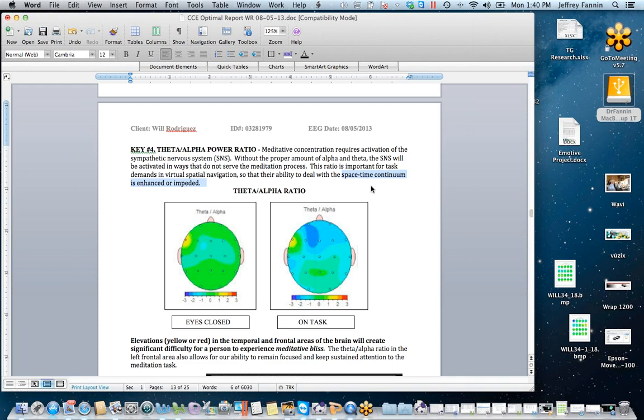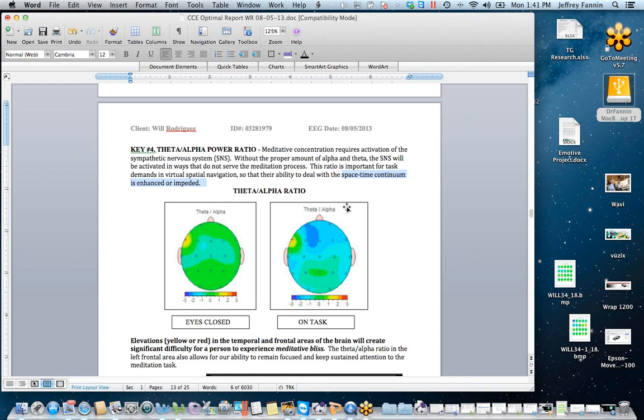That's how we know that today is Monday versus any other day of the week, because it's all measured in a linear sense. But when you're in time space, there is no past, present, or future. So when we work with advanced meditators, when they get into that time space, they can be in a meditation for an hour and it'll feel like 10 minutes.